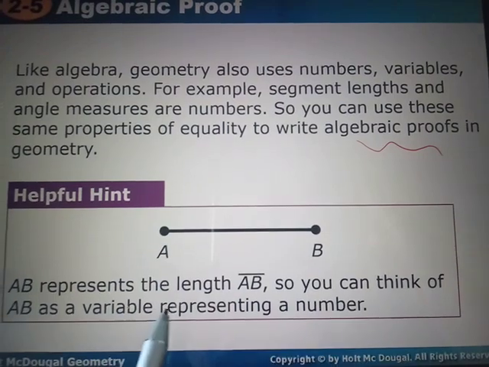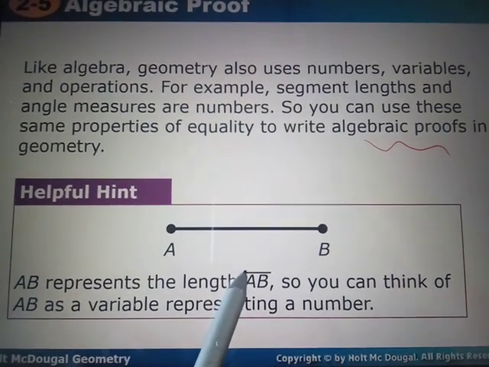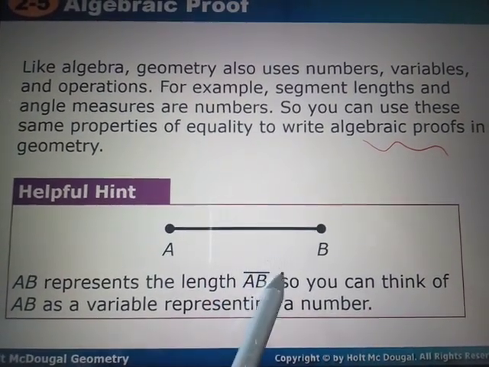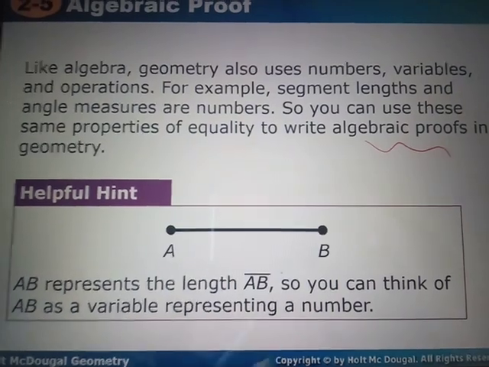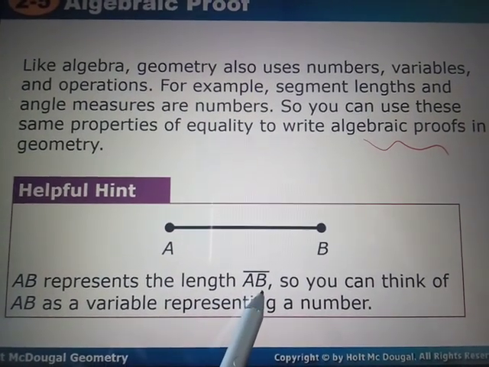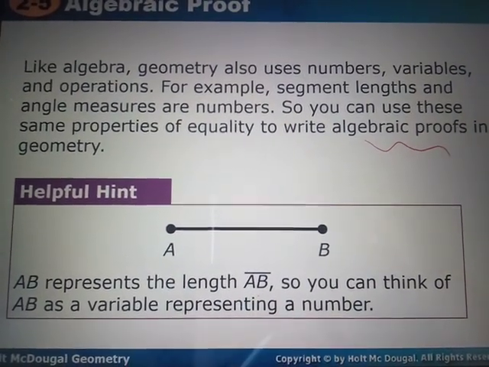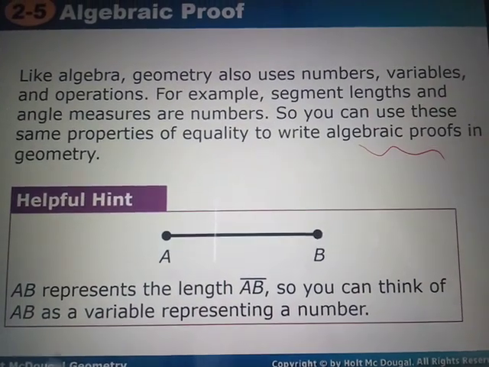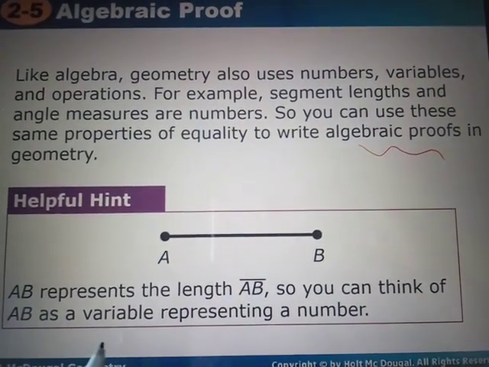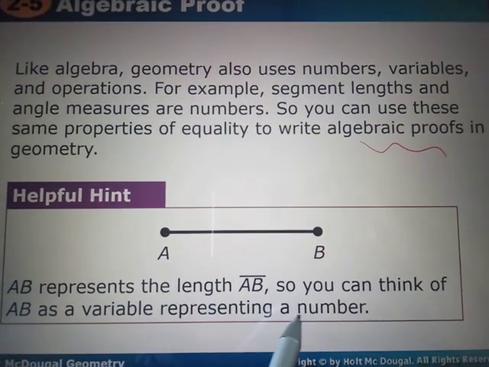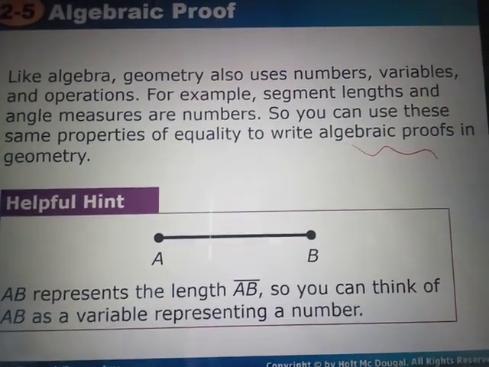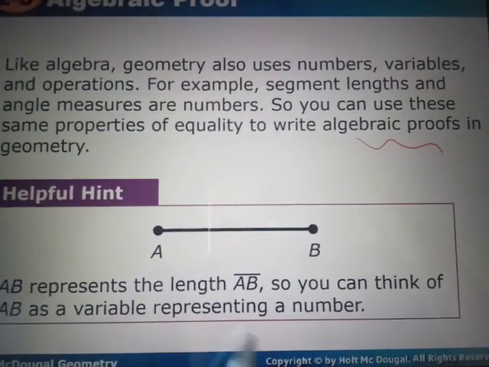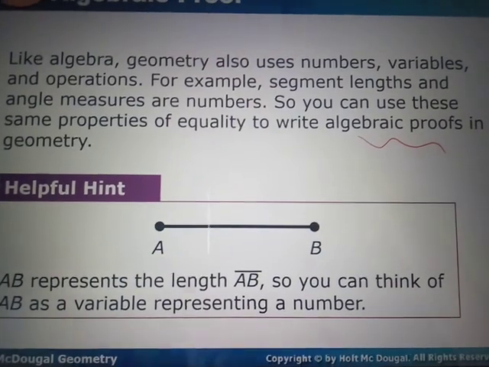If we didn't write the bar above AB, this means we speak about the length of AB. So you can think of AB as a variable representing a number, okay?